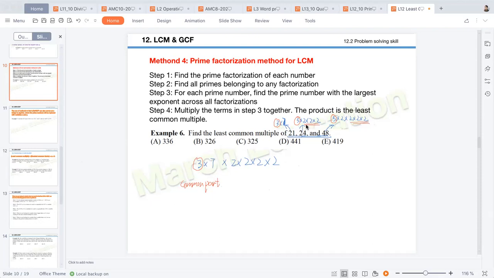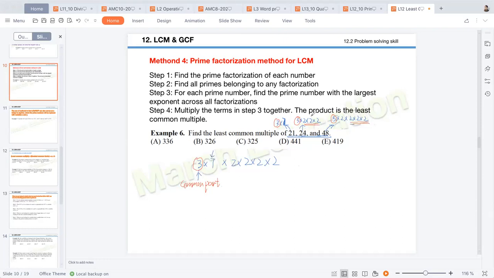Okay, and I found the common part is 3, right? So the common part I only write once. And the different part I need to write them all, right? So 7 is the different part.